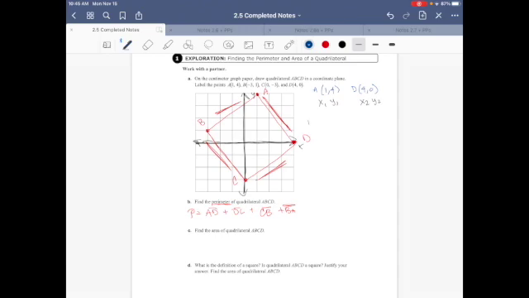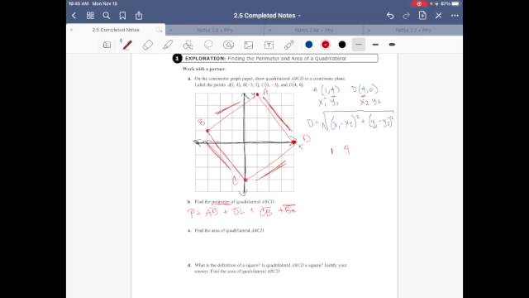So the distance formula is D equals the square root of x1 minus x2 squared plus y1 minus y2 squared. And we're going to sub in our points. So our x1 is 1, and our x2 is 4.